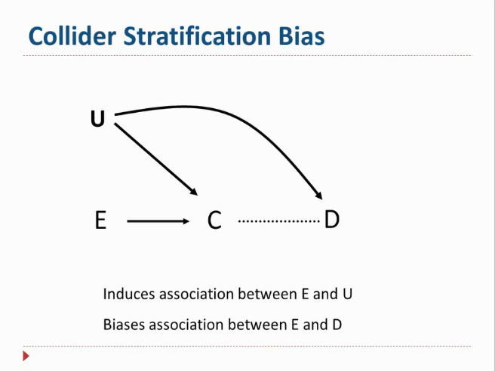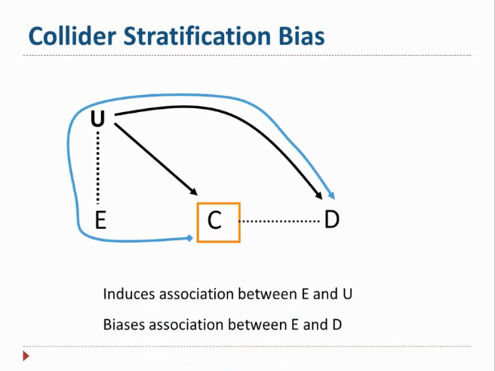So we'll walk through this a little bit. Here, because U is associated with C and D, there is some association between C and D. If you looked to see whether they were associated, you'd see some association, even though they're not directly causally related. Again, we're going to remove that arrow. When we adjust for C, it's like removing that arrow. We're removing the effects of the exposure on C. And what adjusting for C does here is we end up seeing an association between E and C, which opens up this backdoor path to the disease.